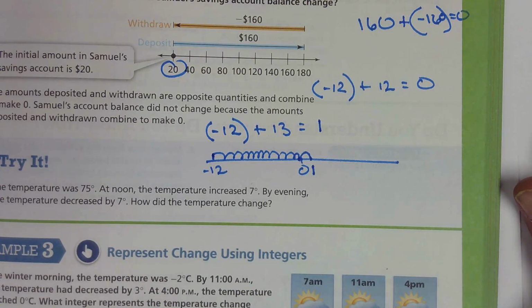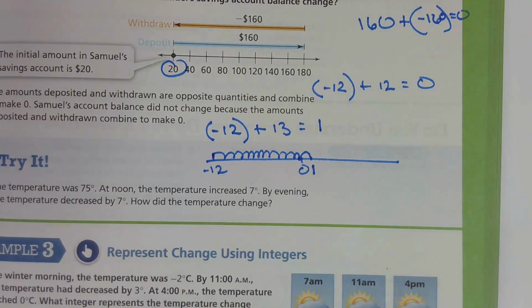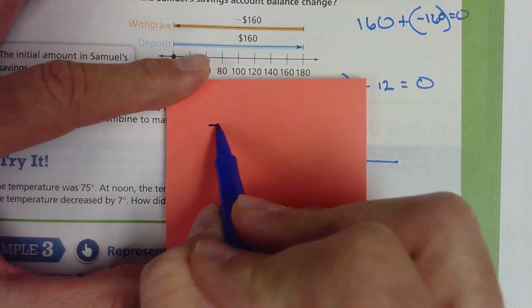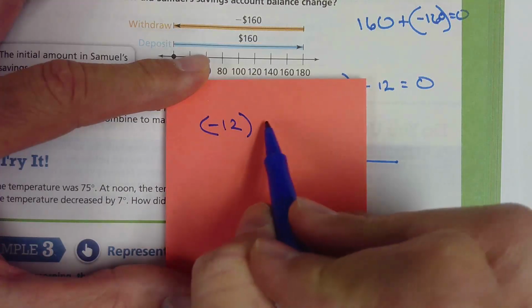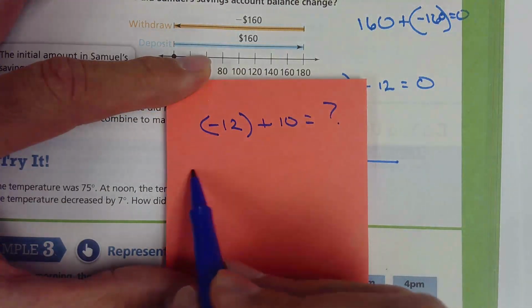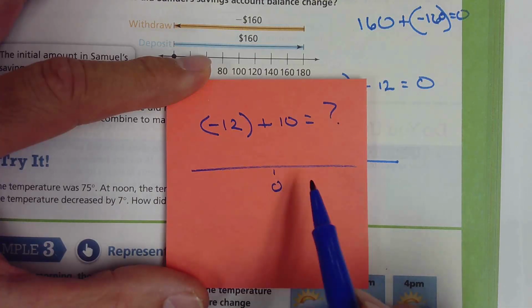Does that make sense, Mr. Moore? Yeah. Okay. And then if it was like +10, it'd be -2, right? Yeah, exactly. And so the question was, what if it was +10? So let's look at -12 plus 10 equals. Well, I could draw a number line to help me out if I want. Here's 0.